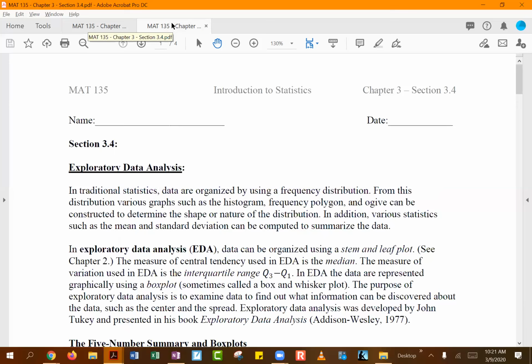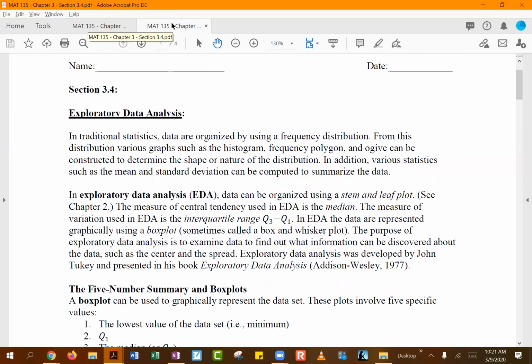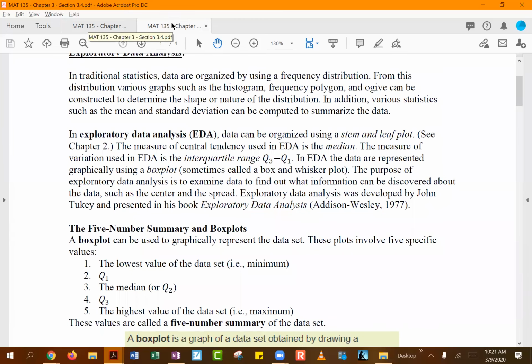Okay, so they're just talking about what traditional statistics does. Everything we've done so far has been part of traditional statistics: looking at our histograms, frequency polygons, ogives, frequency distributions, using our mean and standard deviation to help us summarize the data. But then you can also have exploratory data analysis, like they're talking about here, using the stem and leaf plot.